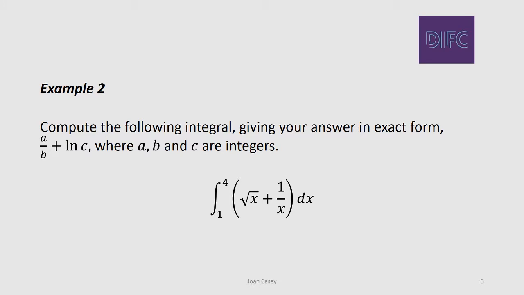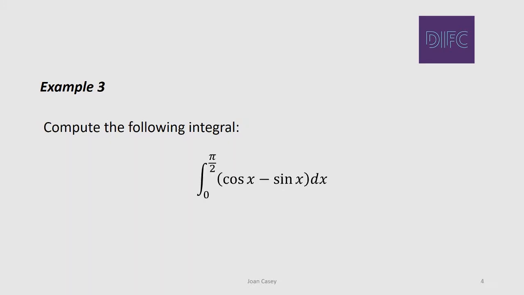Now let's look at the final example in this video. So compute the following integral. The integral from limits pi over 2 to 0 of cosine x minus sine x dx. So we'll take a look at this one.